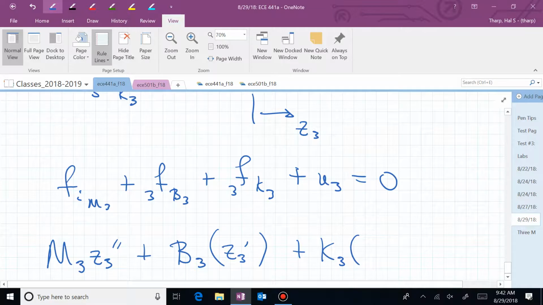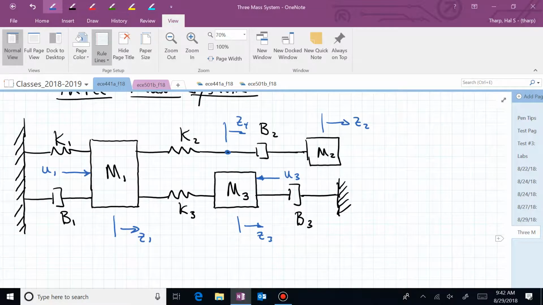What about k sub 3? How do I obtain a positive spring force to the left associated with k sub 3 relative to z3 and z1?